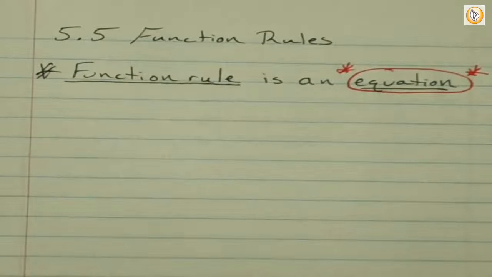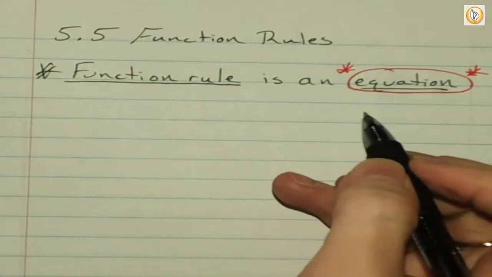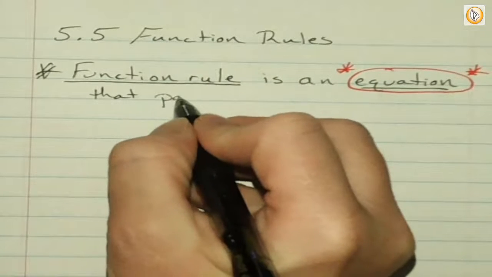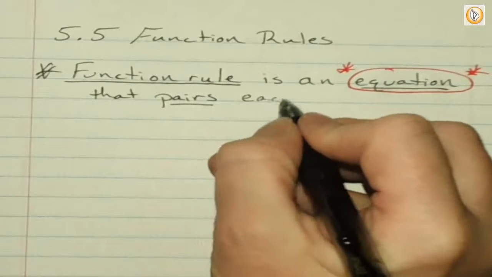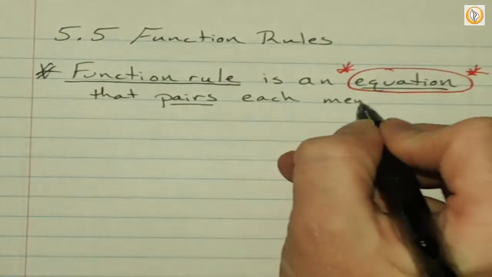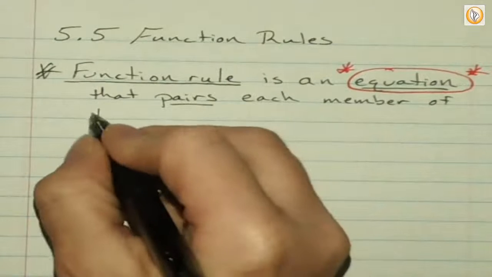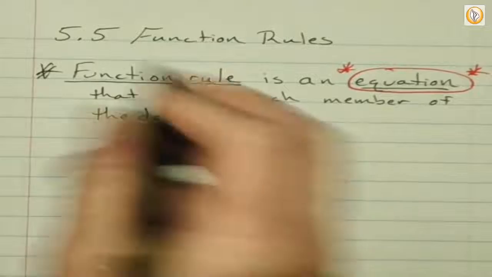Underlined, circled, and 2 stars. So, function rule is an equation that pairs each member of the domain. What's the domain? X. Good.